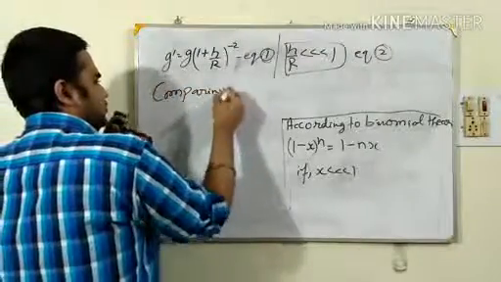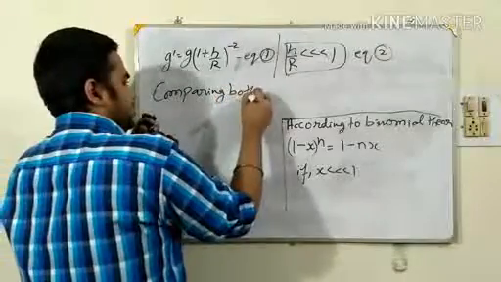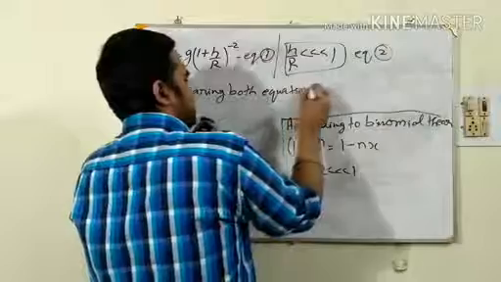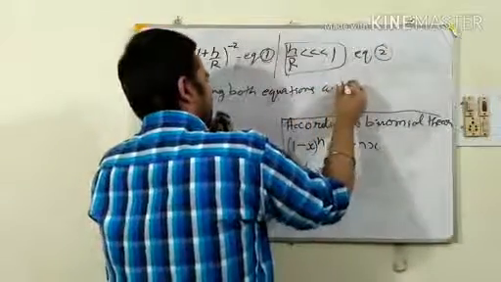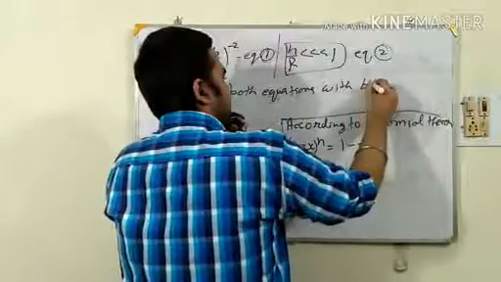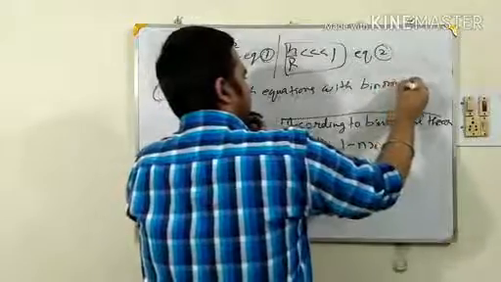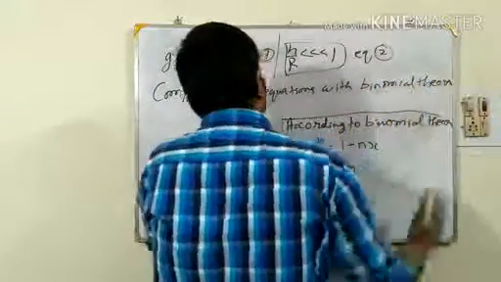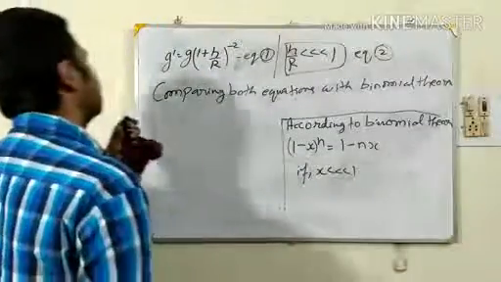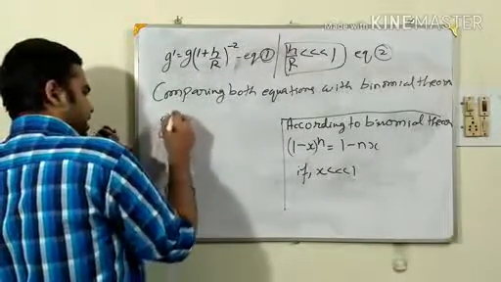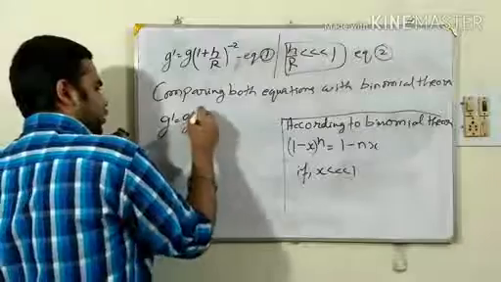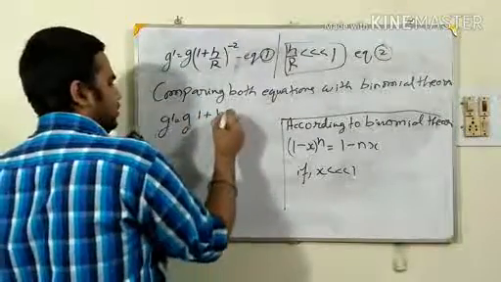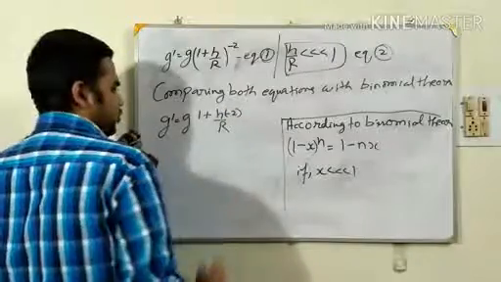Comparing both equations with the binomial theorem, g dash is equal to g into 1 plus h upon R to the power minus 2.